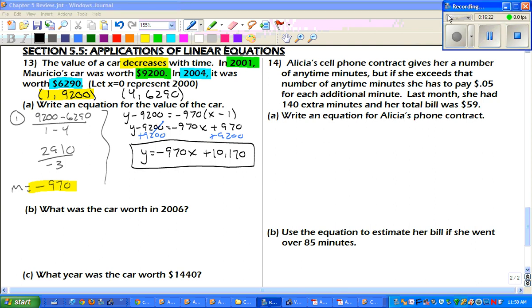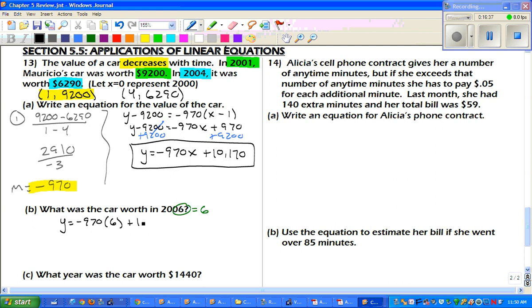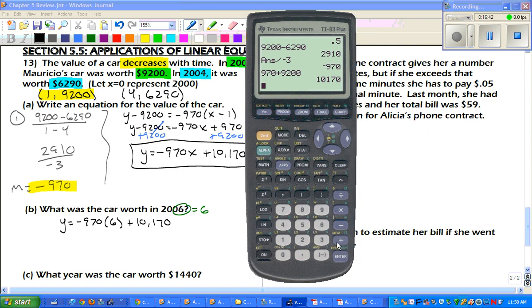All right. What was the car worth in 2006? So we have to remember that this is just going to be 6. So then all we do is plug it in.